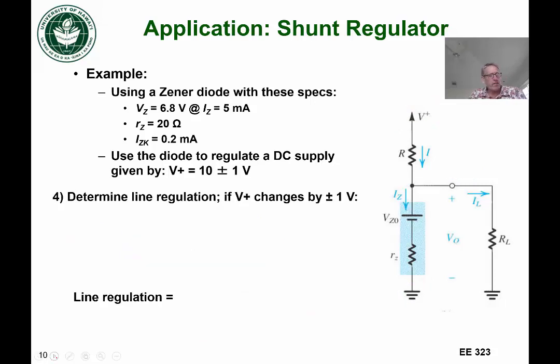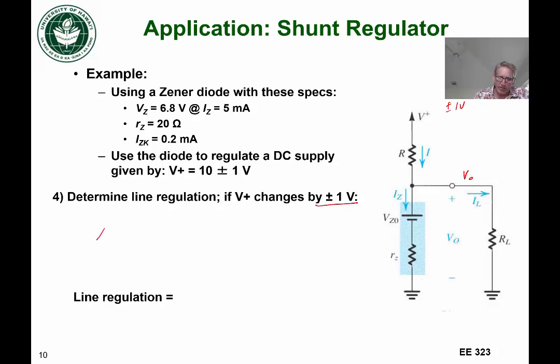Okay, so now if we want to determine the line regulation, we need to determine the change in V out, right, for a change of plus and minus 1 volt in the supply. So if the supply were to change by plus or minus 1 volt, how much would the V out change?